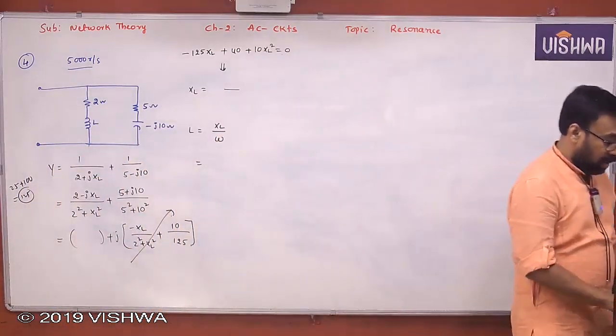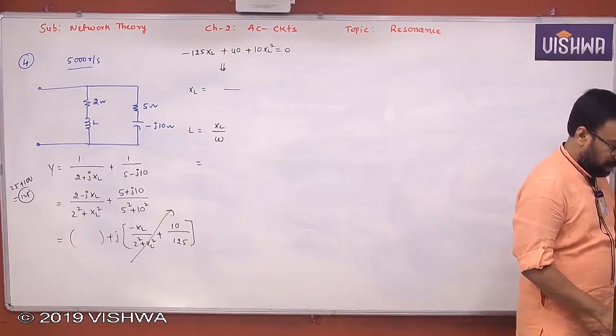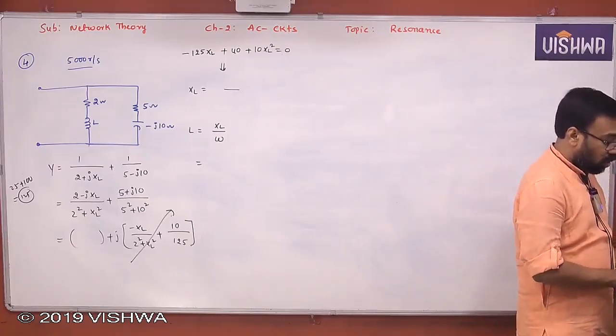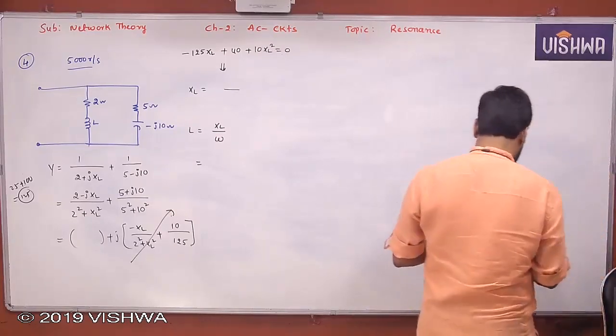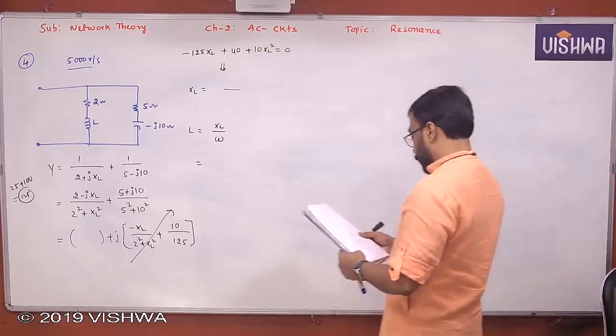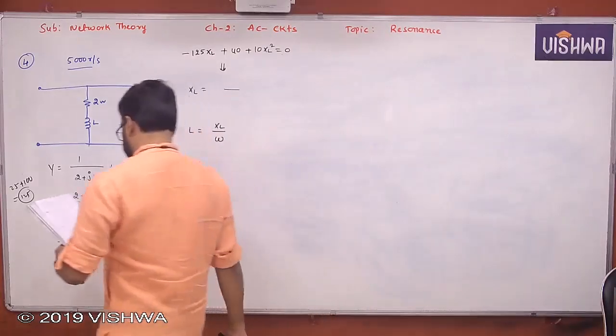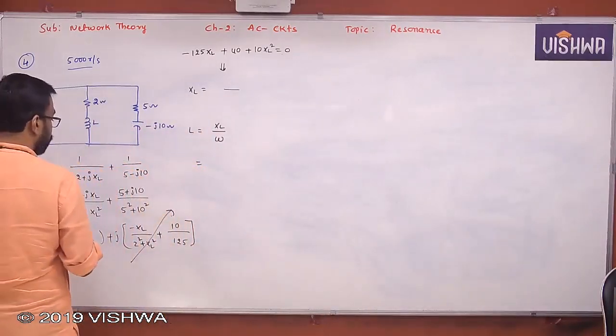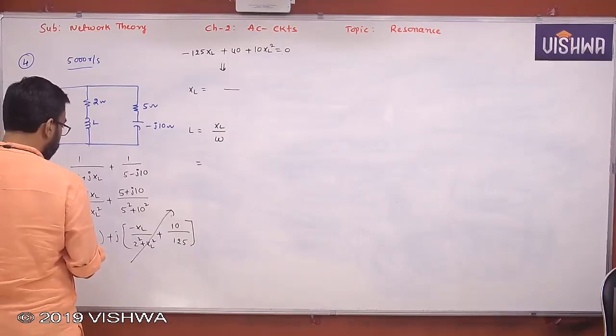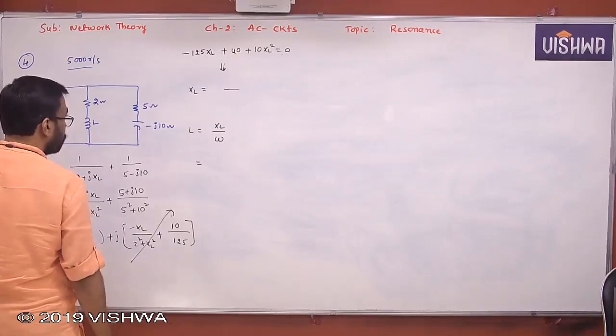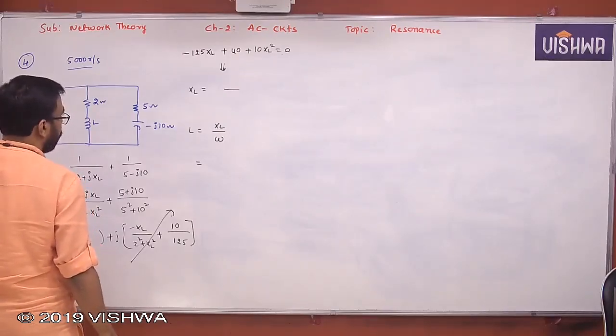I'll give you those values here directly. You can cross check. Use the calculator. Don't make any mistakes in the calculation part. Don't make silly mistakes. Okay. Minus 125 XL plus 40 plus 10 XL square.